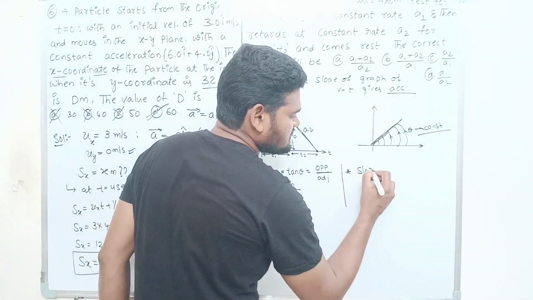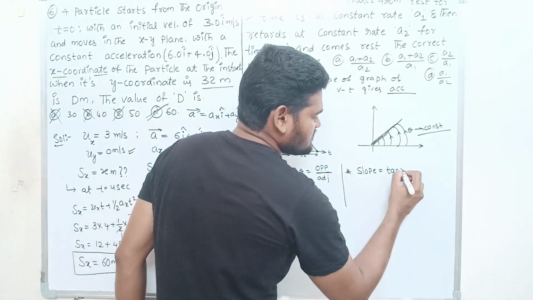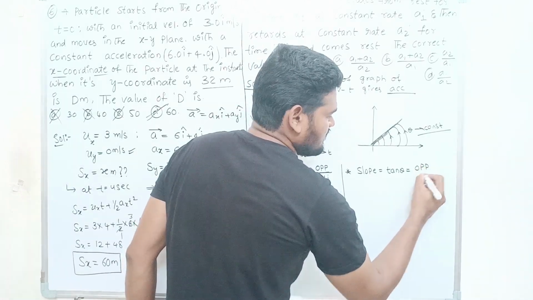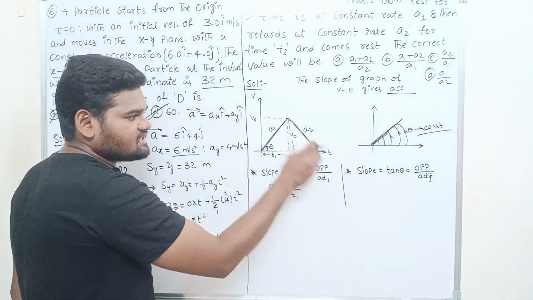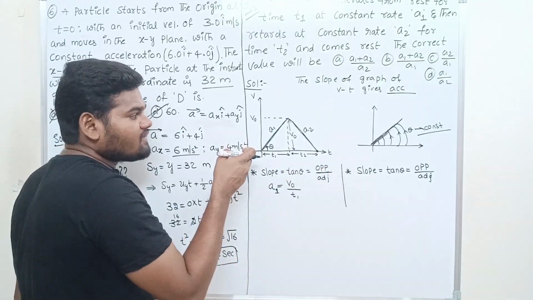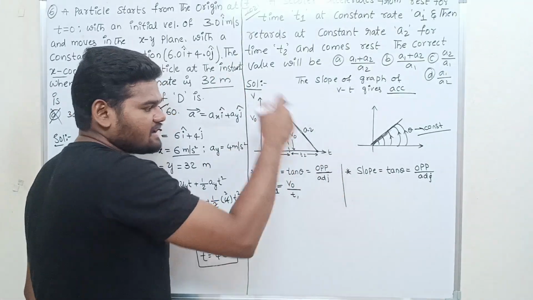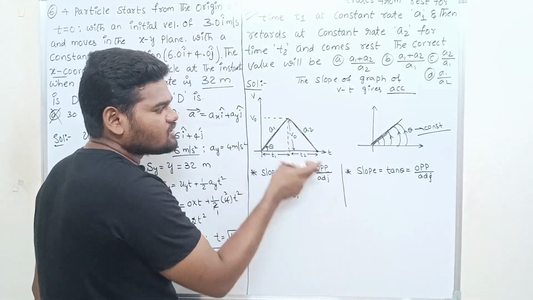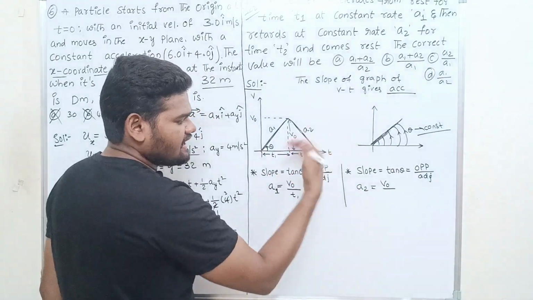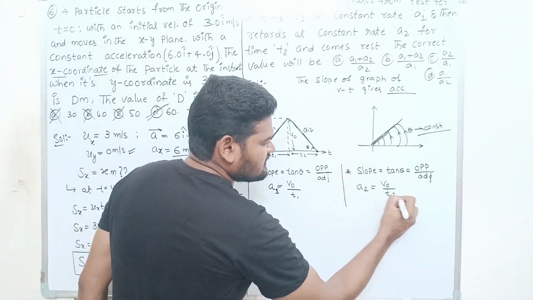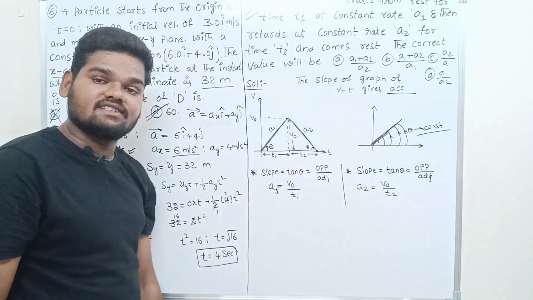Again, slope is equal to tan theta, which is opposite side by adjacent side. The slope of the graph of velocity versus time gives acceleration. At this time, the slope is a2. This is the opposite side, v0, and the adjacent side is t2.